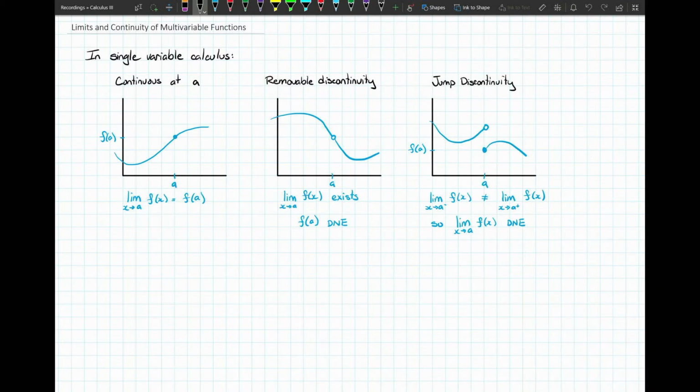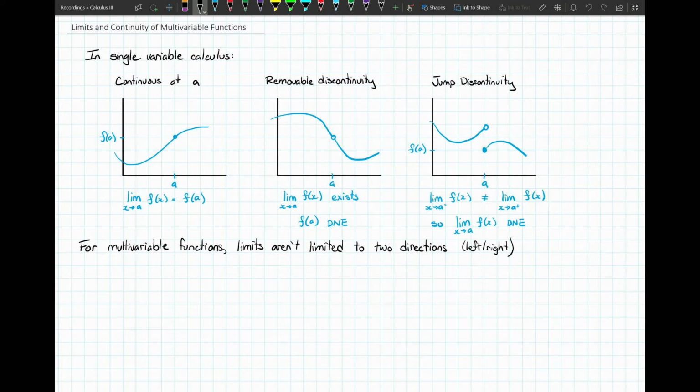Now it's time to shift gears to multivariable functions. The trick for multivariable functions is that we aren't just limited to 2 directions, from the left or from the right. Our domain is actually going to be multivariable. As an example, if we want to work with a function of 2 variables, maybe we have z equals f of x, y, and that will give us a surface.